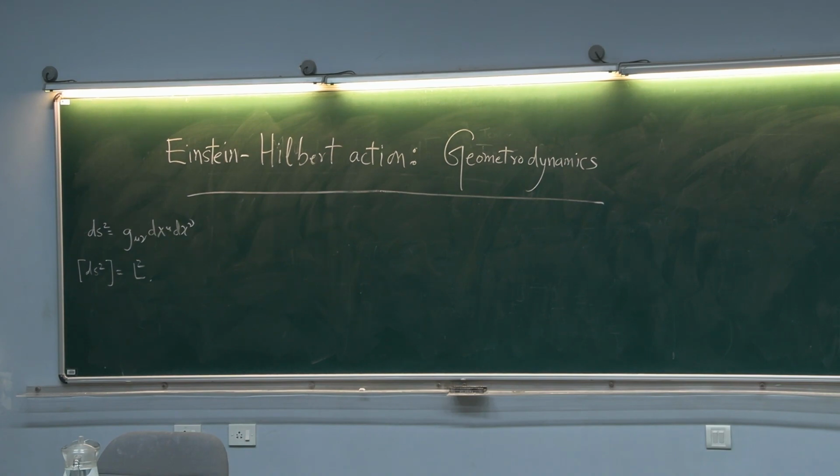Anything we measure, ultimately we measure either length, or time, or amount of energy transfer, which is the same as mass. Any measurement will involve change in energy, change in length, change in time. Change in energy is the same as change in mass times c square. So these are the quantities you will have.